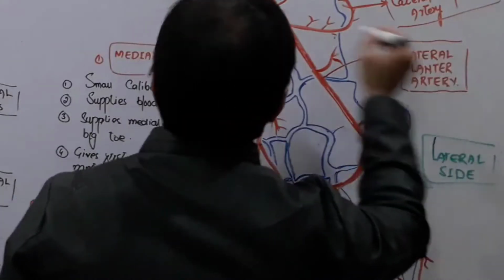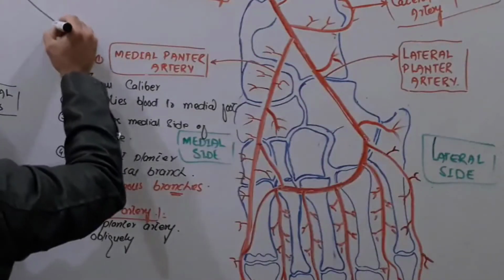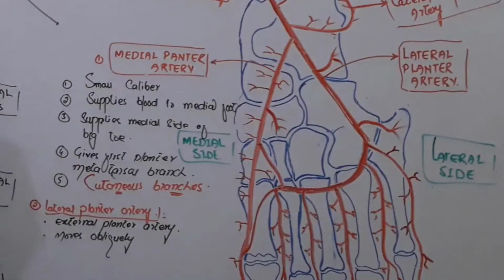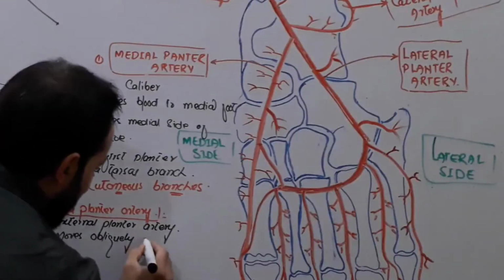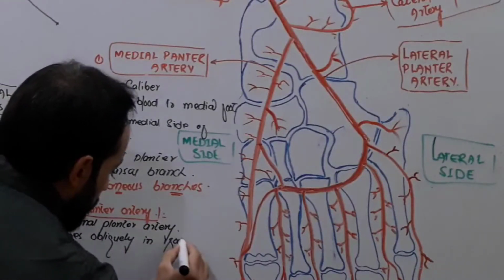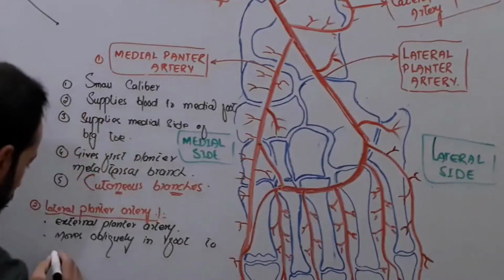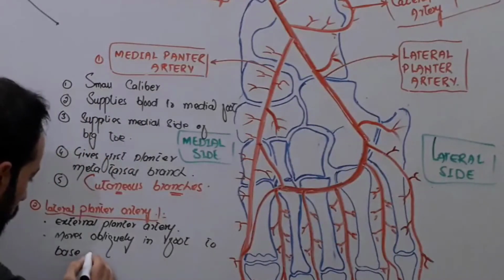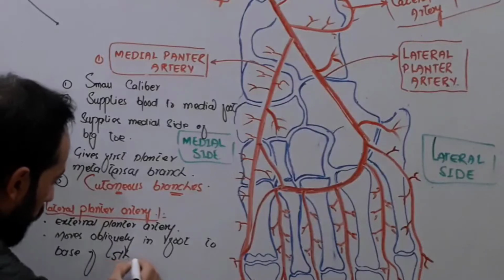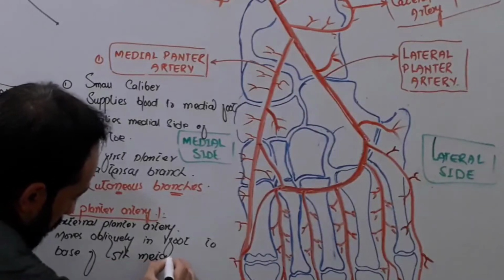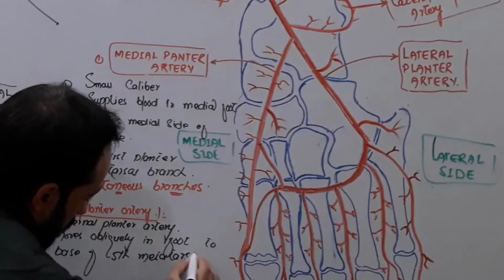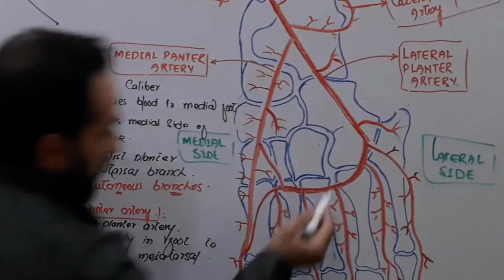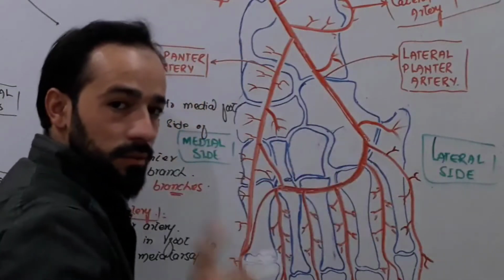You can see this is our oblique plane. We will discuss these planes, right? So it moves obliquely in the foot to where? To the base of the fifth metatarsal. Right? It has come to the base of the fifth metatarsal.